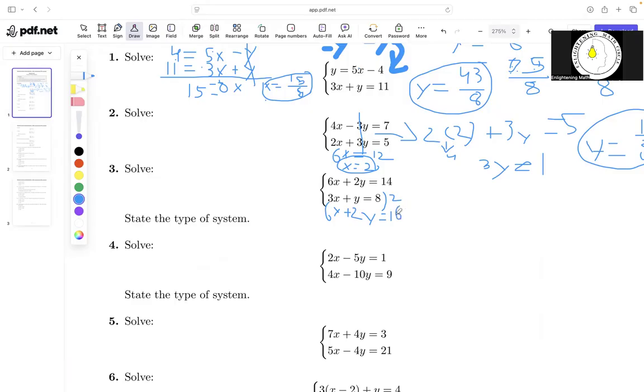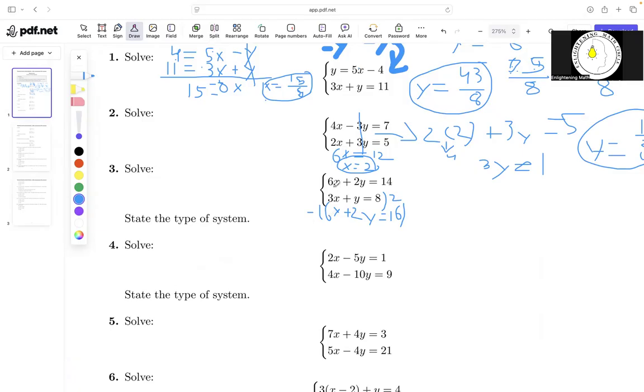So now what we want to do from here is we take the top equation minus the bottom equation. So parenthesis around this and a negative sign. And then we take this top equation.